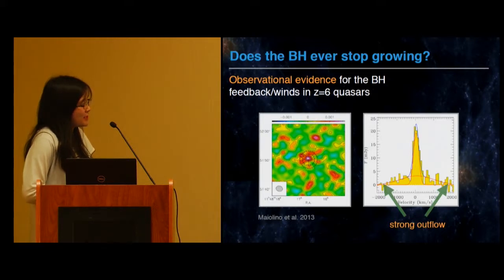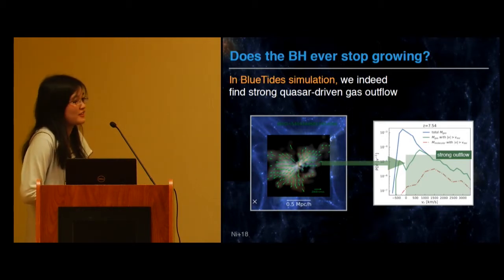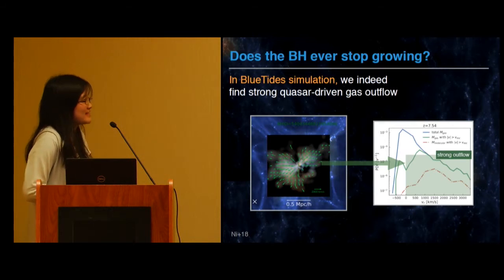So this is a spectrum of the quasar, and these two wings, these two tails, are the indication that the quasar has launched strong outflowing gas with speeds up to thousands of kilometers per second. In the meantime, in the BlueTides simulation, we indeed are able to find those strong quasar-driven gas outflows.